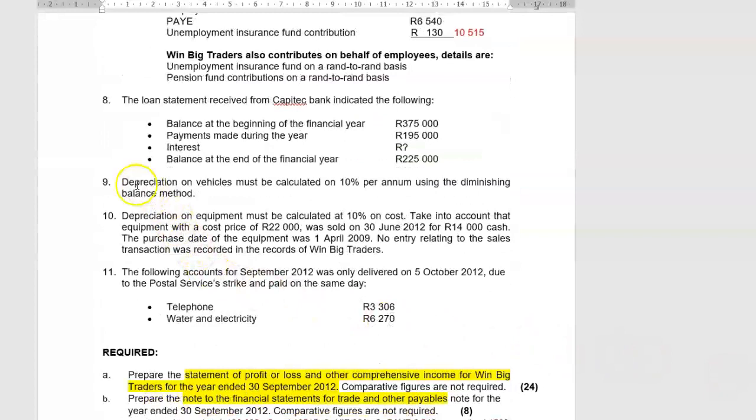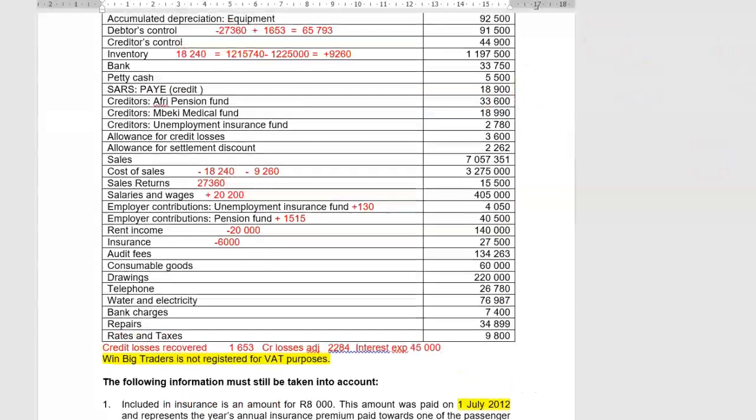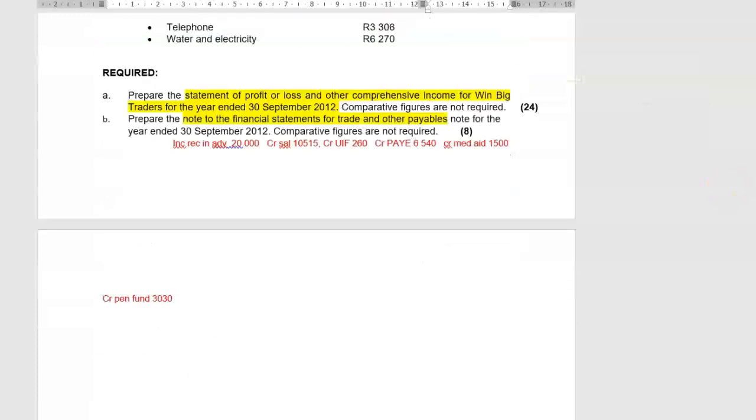Expense 45,000 Rand. Write it down immediately in your template so that you do not forget that. Then number 9, depreciation on vehicles must be calculated at 10% per annum using the diminishing balance method. So vehicles had a cost price there of 550,000. It had accumulated depreciation of 102,500.